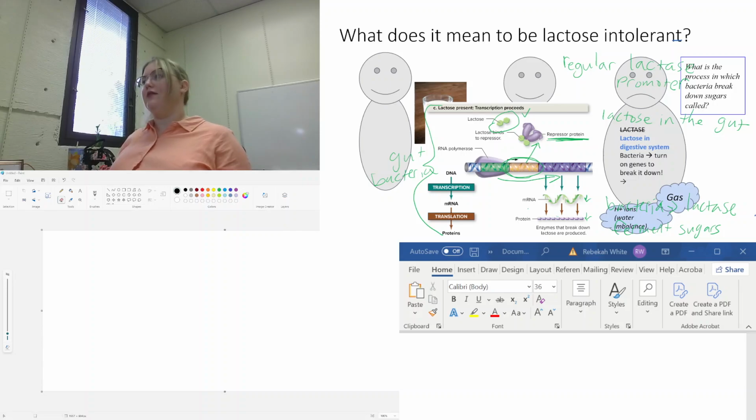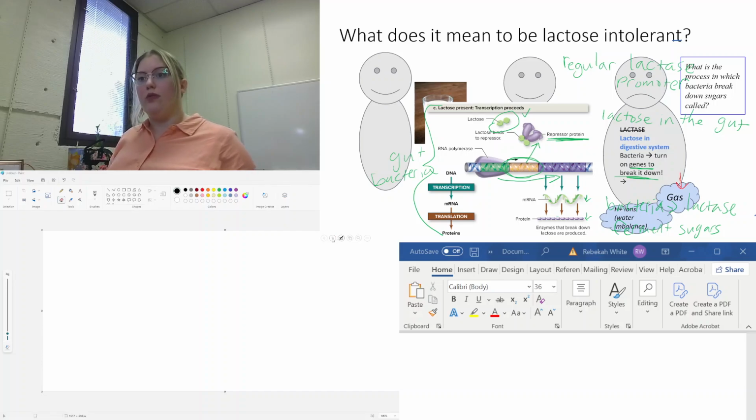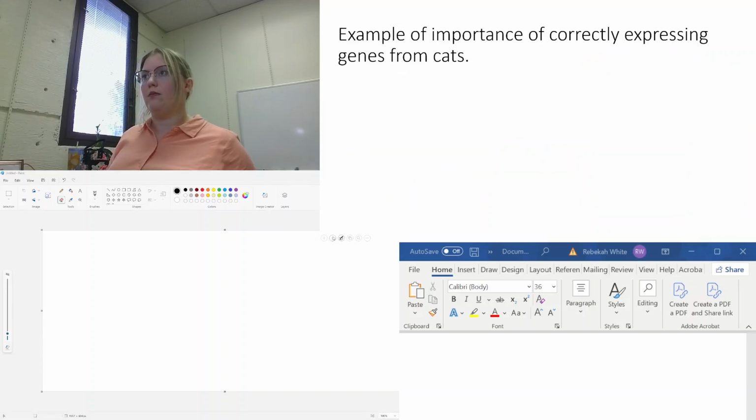These genes turn on to break down the lactose, and then because those bacteria are fermenting sugars, we have the production of byproducts like gas, and that gas can cause things like the cramping and stomach pain that some adults experience when they ingest lactose.